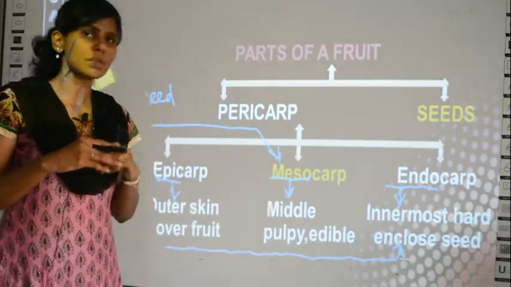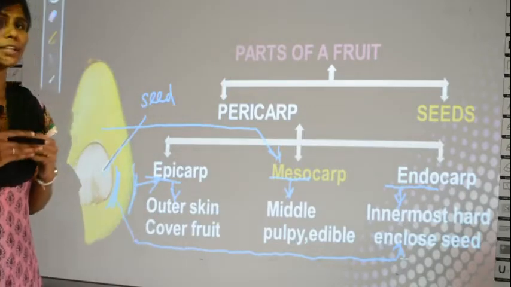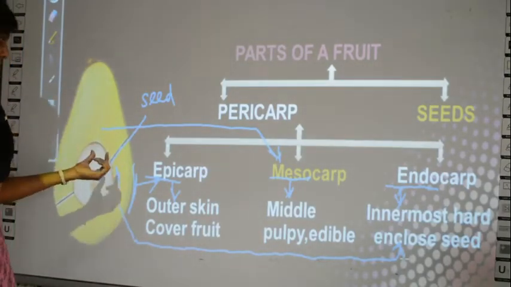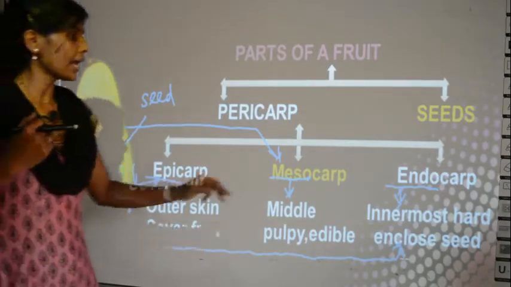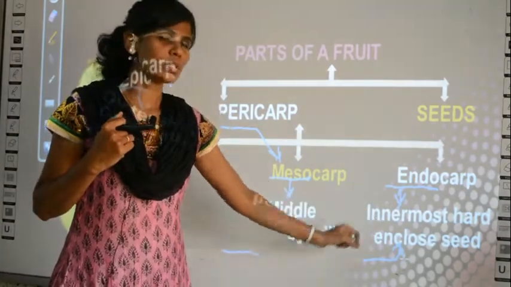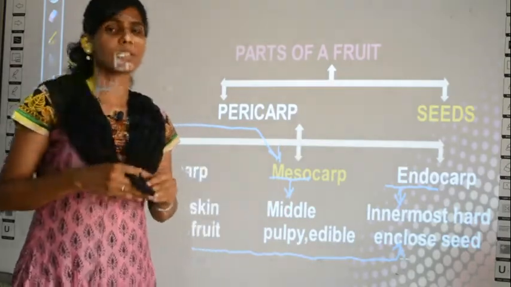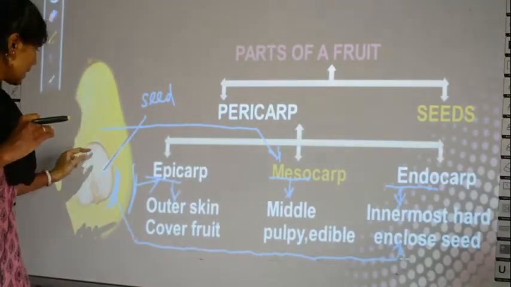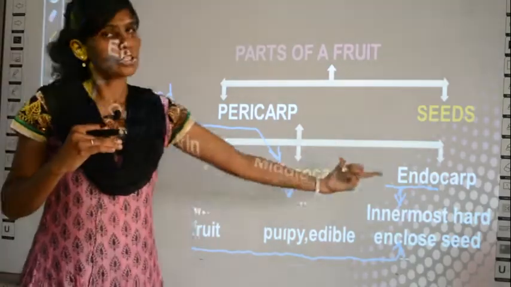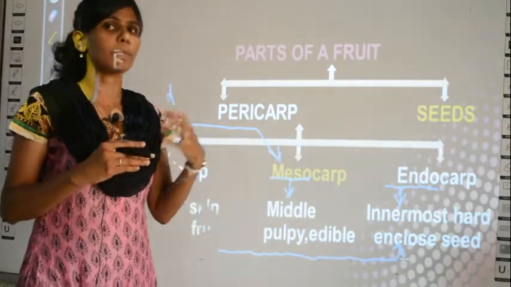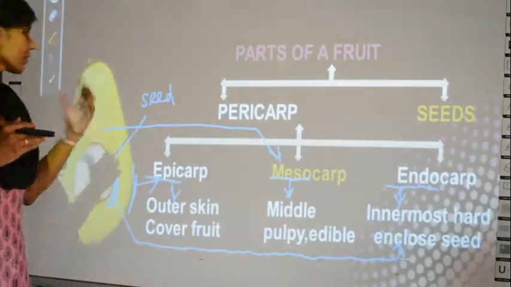Mesocarp is the middle portion, the edible or pulpy portion. And endocarp is the innermost region which immediately surrounds the seed. So, this is the seed, and the portion immediately next to the seed is called the endocarp. Okay, so this is about the parts of a fruit.